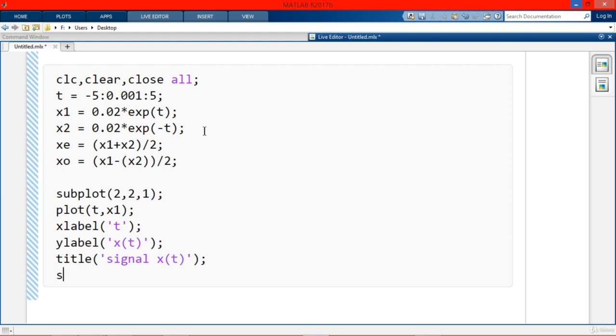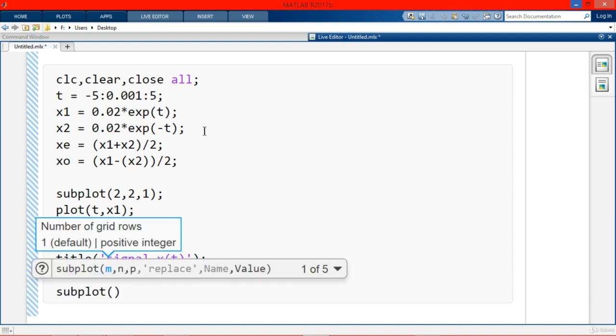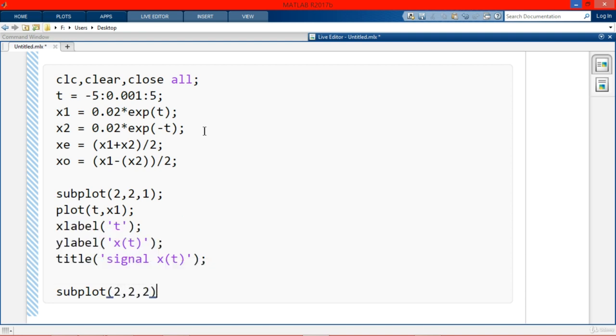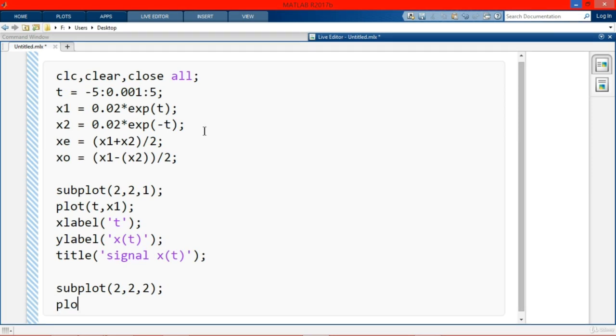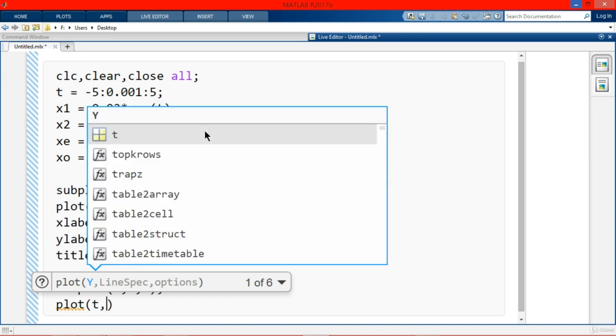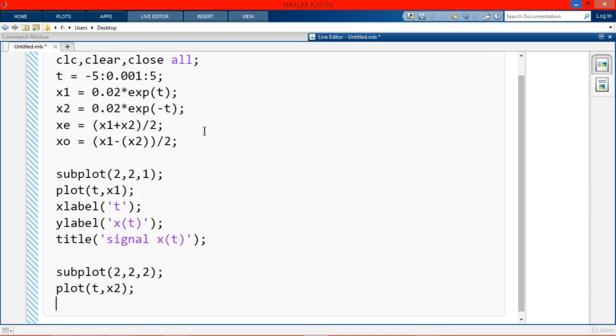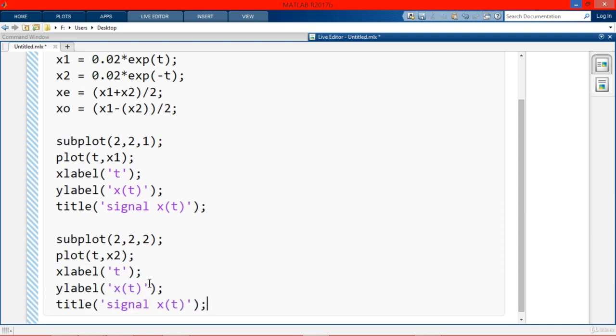Now coming to our next plot, again type subplot and the number of rows and columns. And since it's our second plot, 2 is for that. Plot x2. Here I am giving the title of x of minus t.